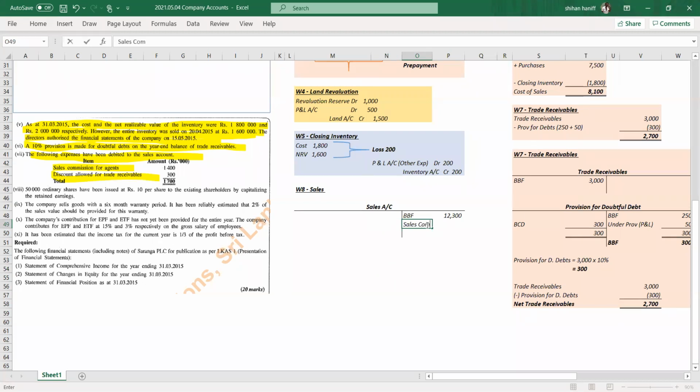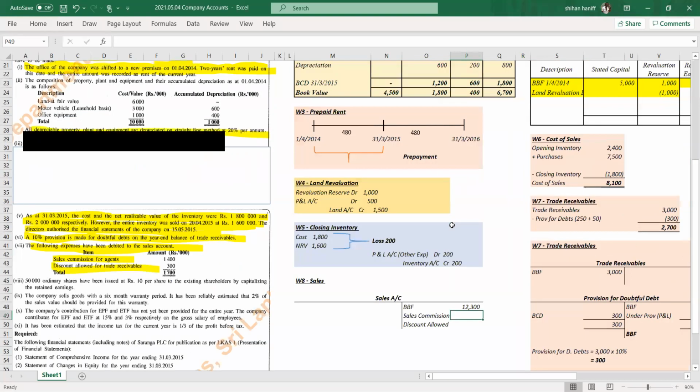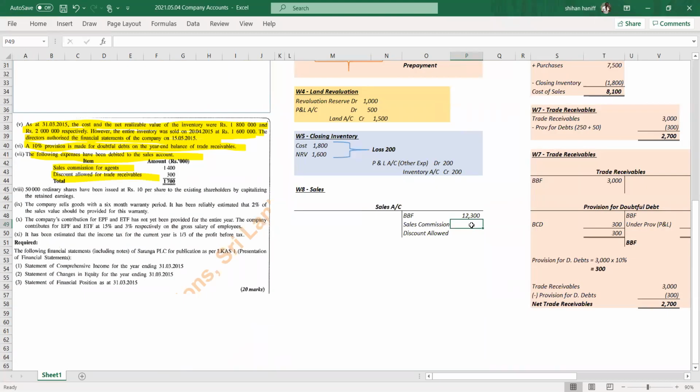Sales commission and discount account. Sales commission is 1,200. Discount is 300.